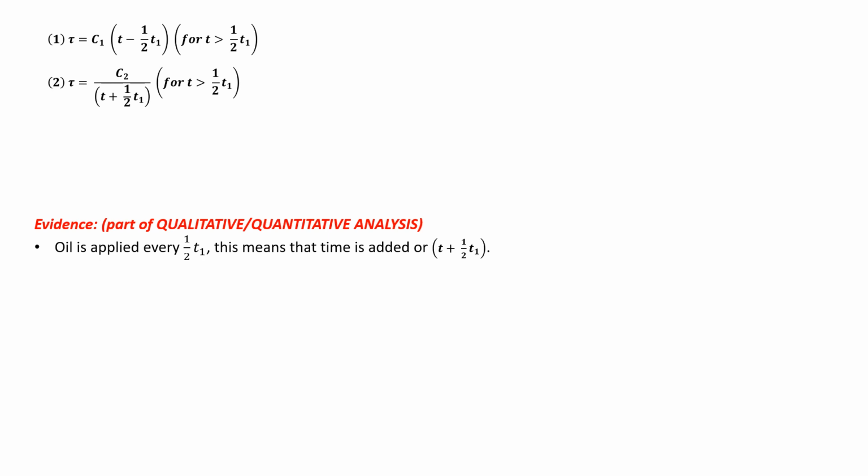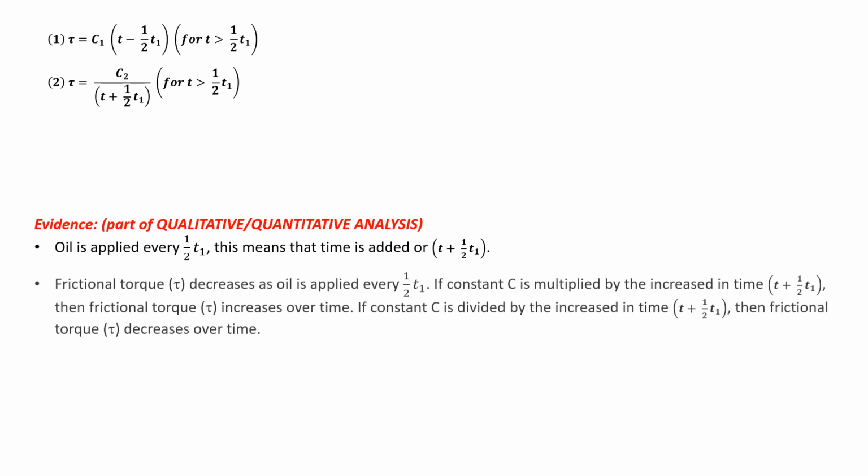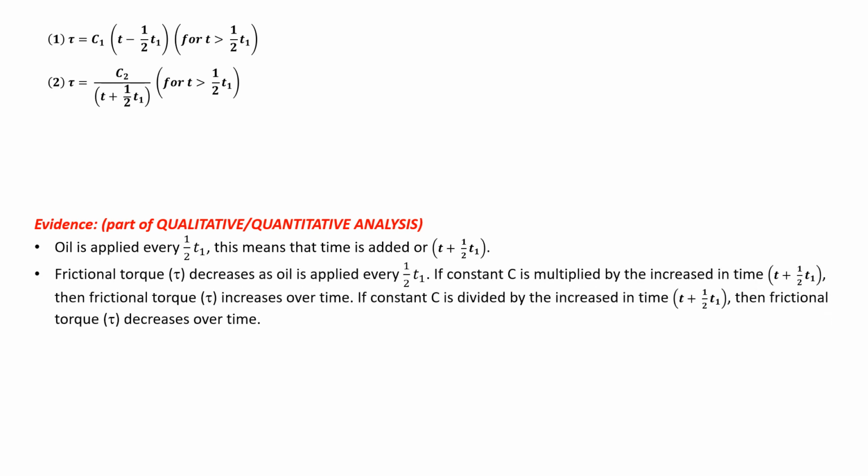How would you prove that the torque is decreasing? Now here's another one. Frictional torque decreases as oil is applied every 1/2 of T sub 1. If constant C, either C1 or C2, is multiplied by the increased time, so when you increase the time and multiply it by C, then the frictional torque increases over time.